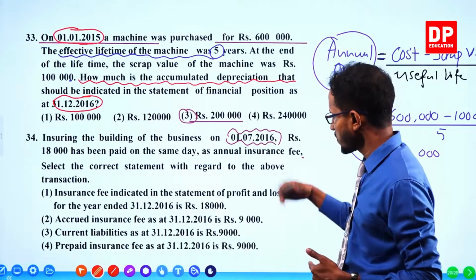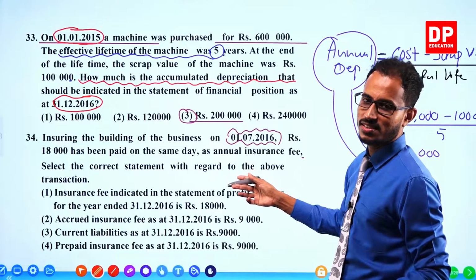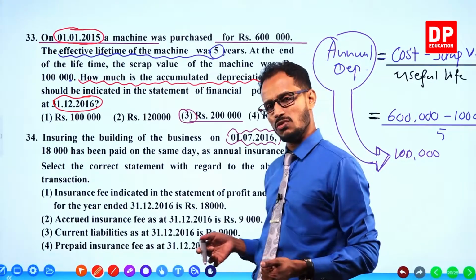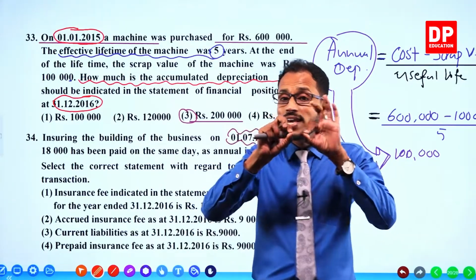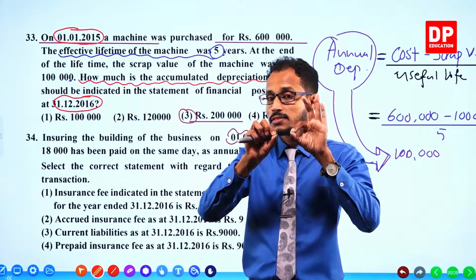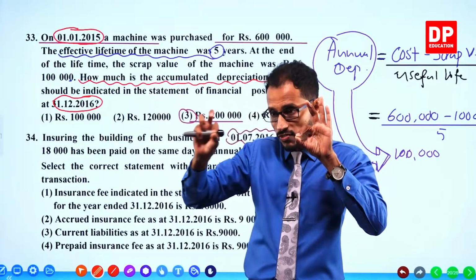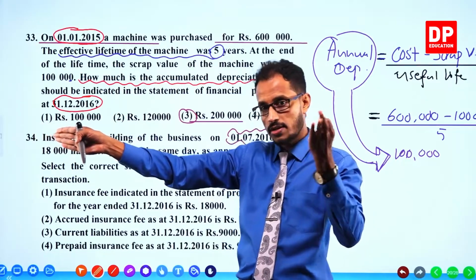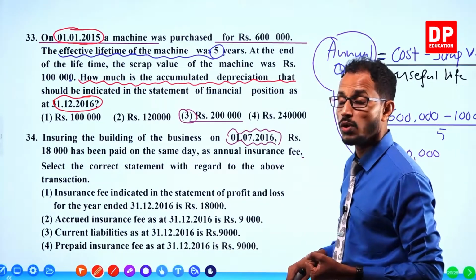This is annual insurance. Everybody needs insurance. It's a supporting service. For the insurance cover, you have to pay for the whole year from the starting date. This business has paid for the whole year, for the 12 months. But paid on 1st July. 18,000 paid for the whole year, 12 months.